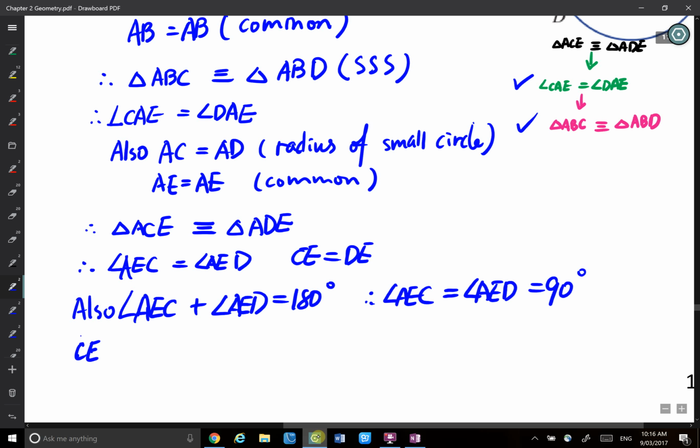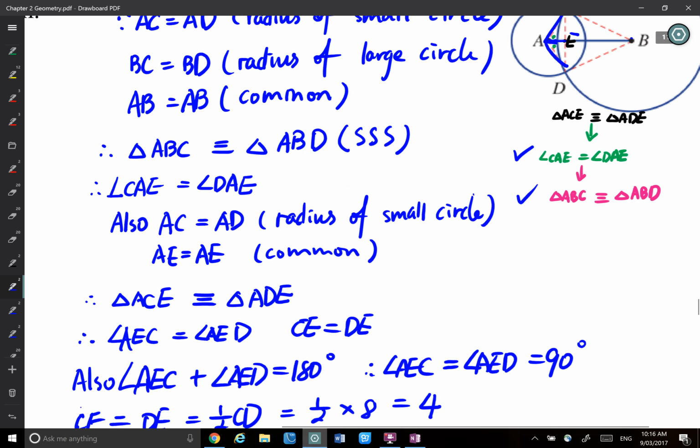And CE equals DE, which equals half of CD. That equals half times 8, which equals 4. So each part is 4 centimeters.